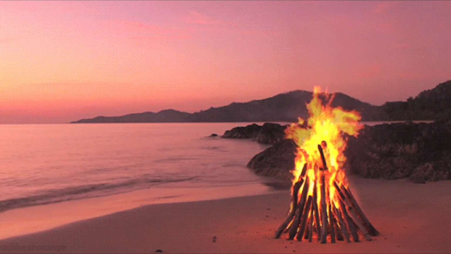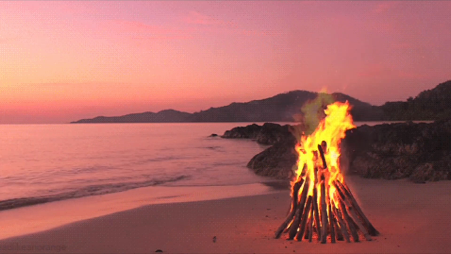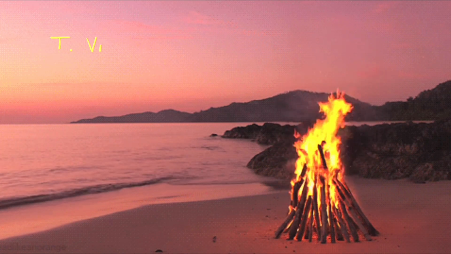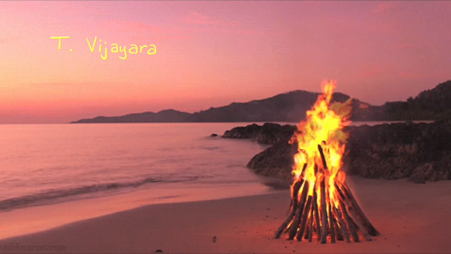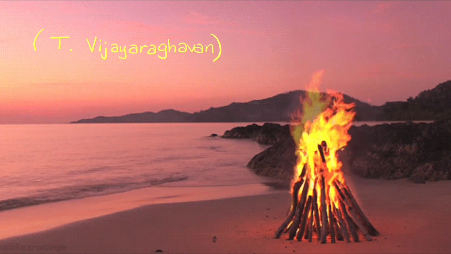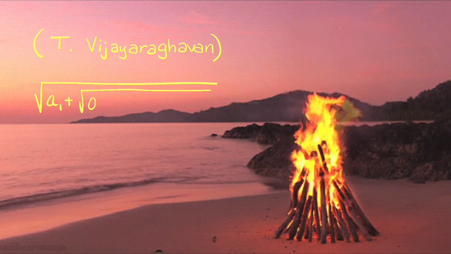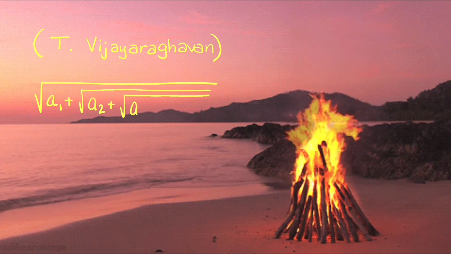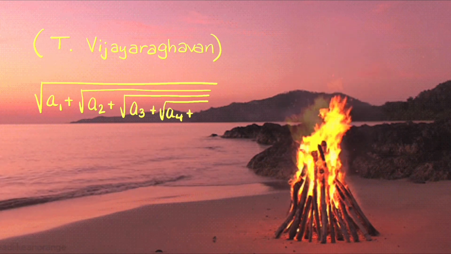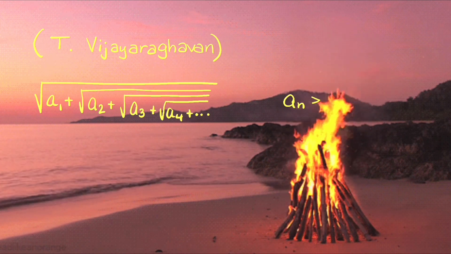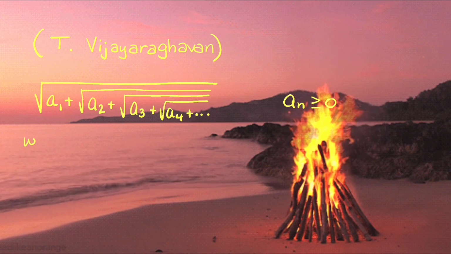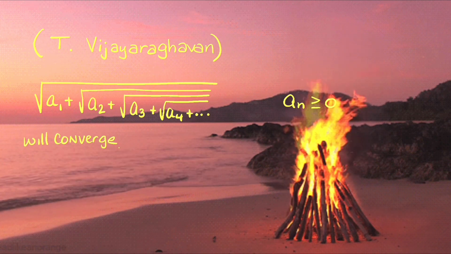Another important result, which helps us examine this idea of continued radicals and whether they converge to a number or not. Consider the continued radical with the following sequence a1, a2, a3, etc., where a sub n is greater than or equal to 0.